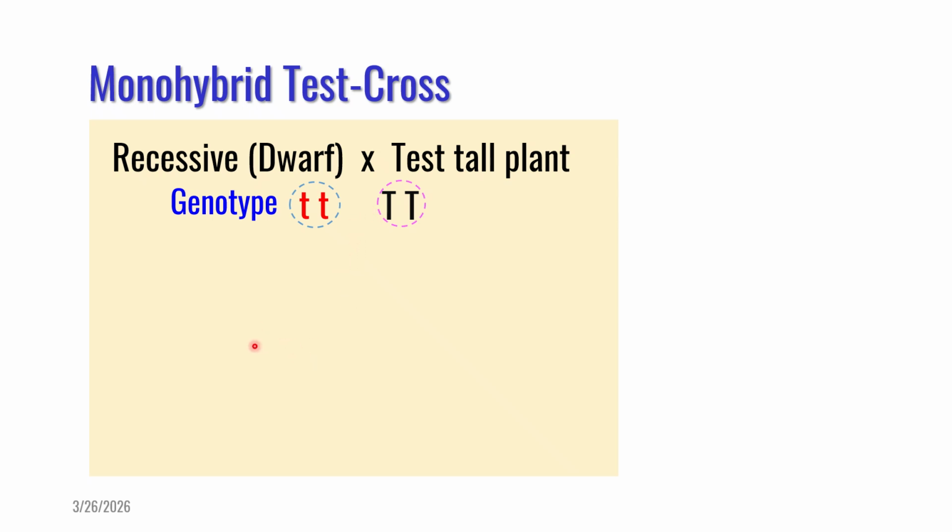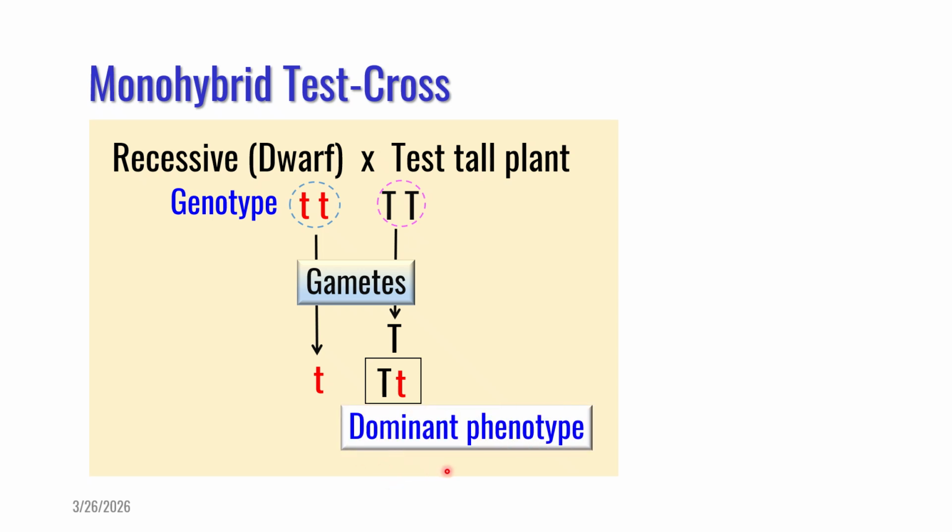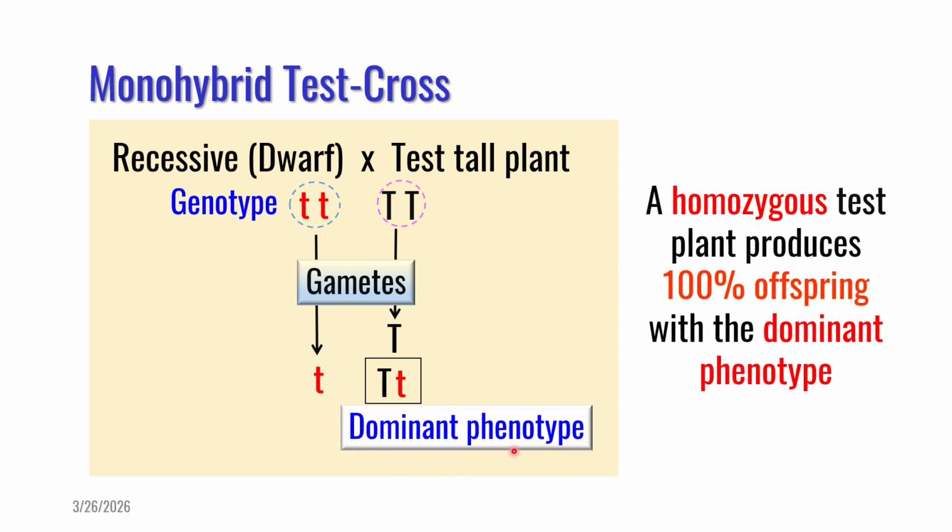So gametes from both parents will be one type, small t from here and capital T from here. Make a small square and put the combination here, and predict the phenotype of the offspring plant, which is dominant phenotype. Therefore, a homozygous test plant will produce 100% offspring with dominant phenotype.